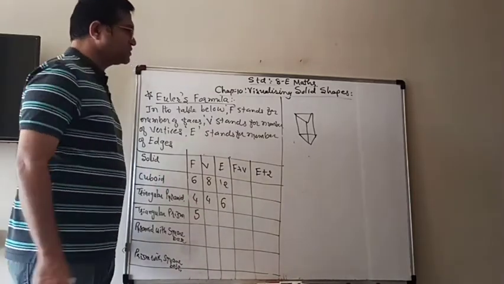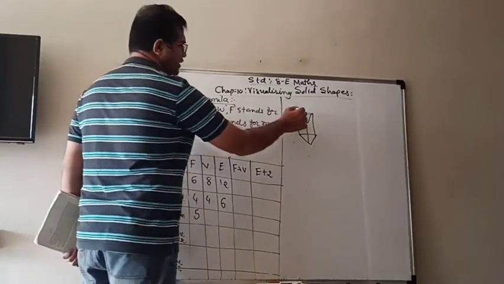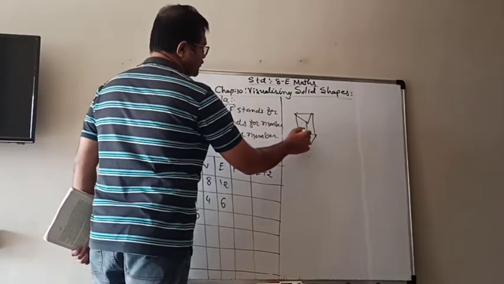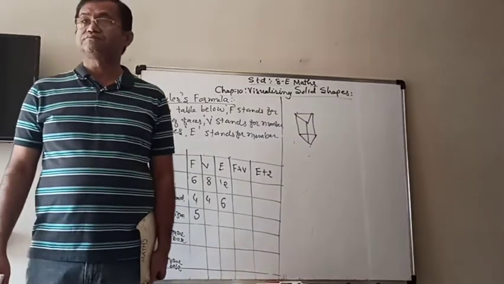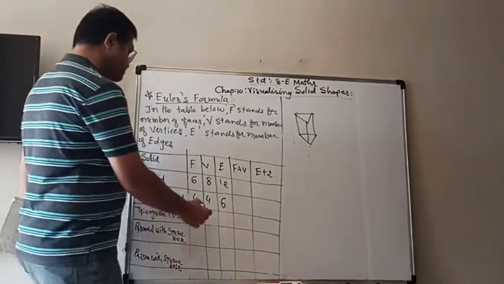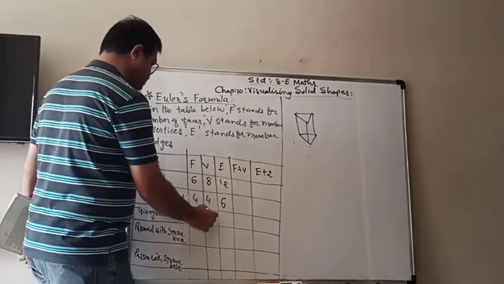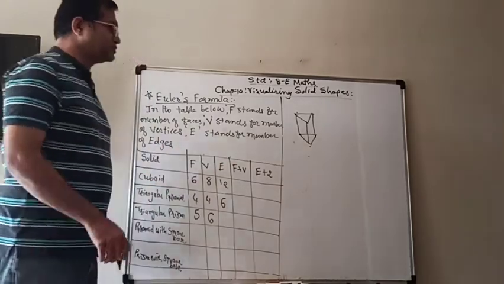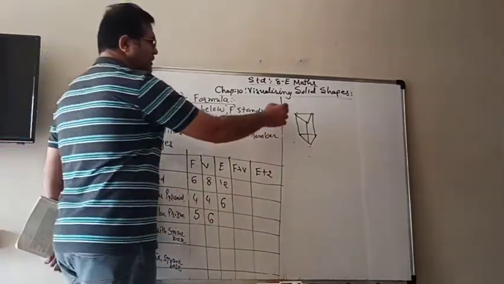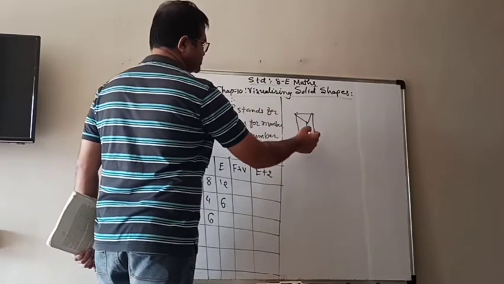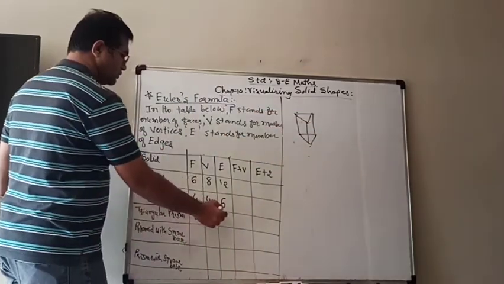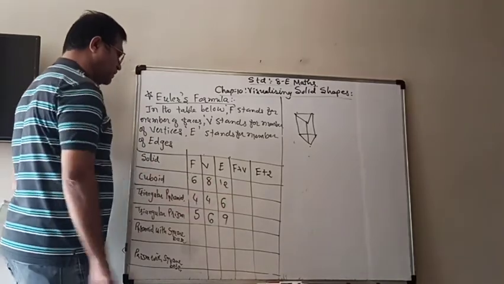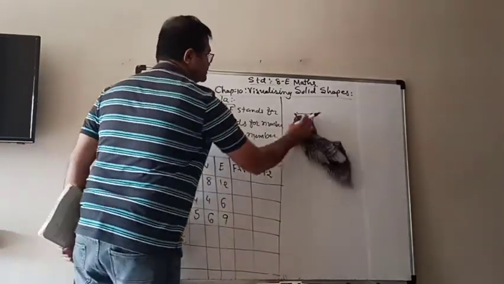Now vertices: you can see 1, 2, 3 and 4, 5, 6, so 3 and 3, 6 vertices. Now the edges: 2 triangular bases means 1, 2, 3, 4, 5, 6 and then 7, 8 and 9. So 9 is the number of edges here.